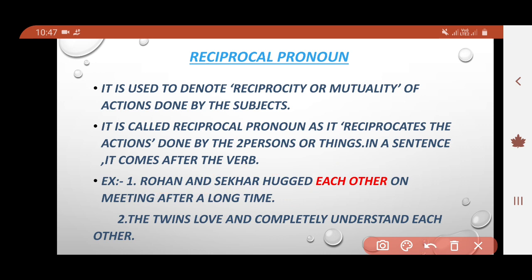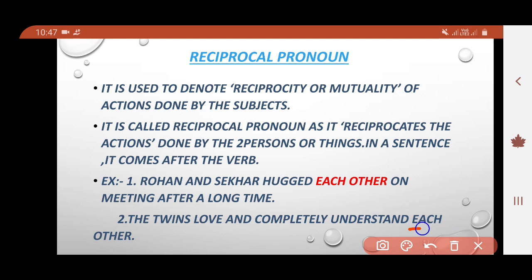Next example, the twins love and completely understand each other. That means between the two twins, not only one twin understands the other twin, but that other twin also understands the first twin. You know what are twins? So the twins love and completely understand each other. That means they both understand each other.